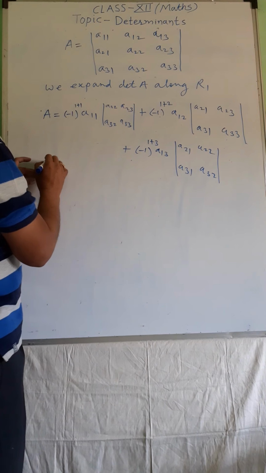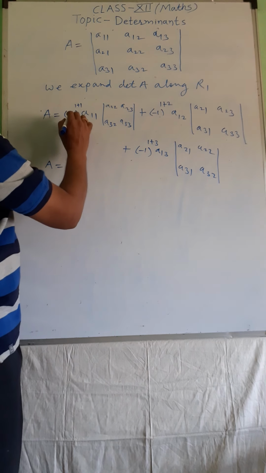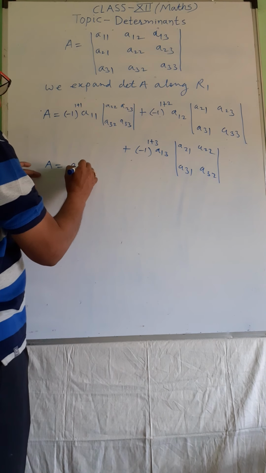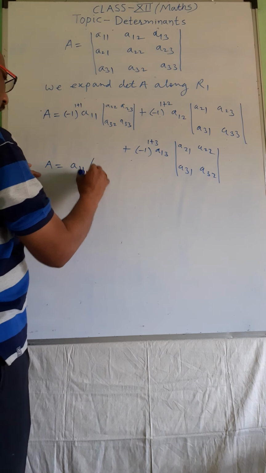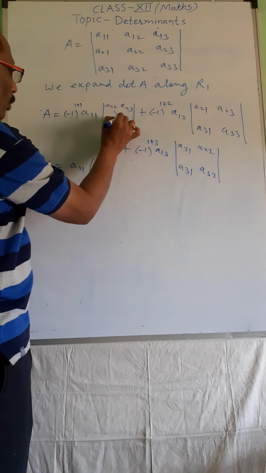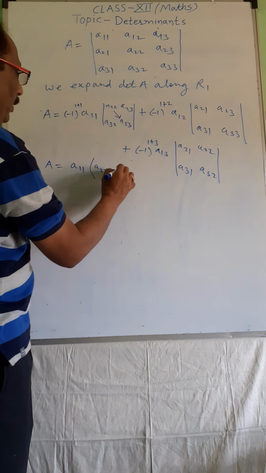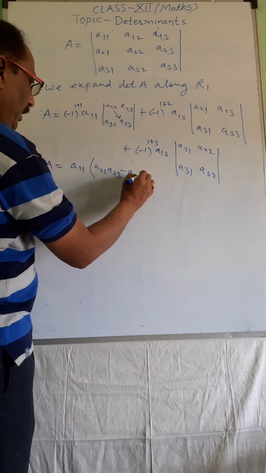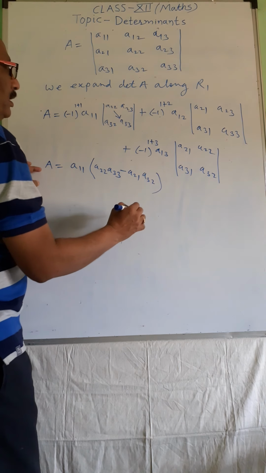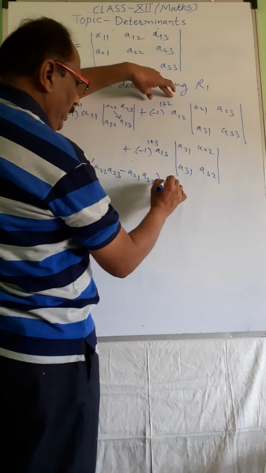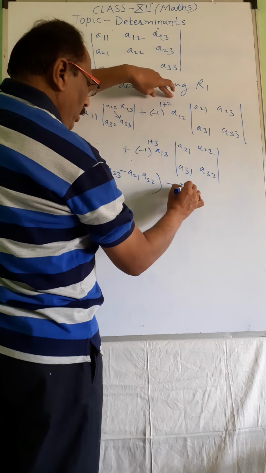Therefore, A is equal to minus 1 squared, that is plus 1, means A11 here, A22, A33 minus A21, A32. Then minus 1 raised to power 3, minus 1 cubed, means it will be negative, minus A12.